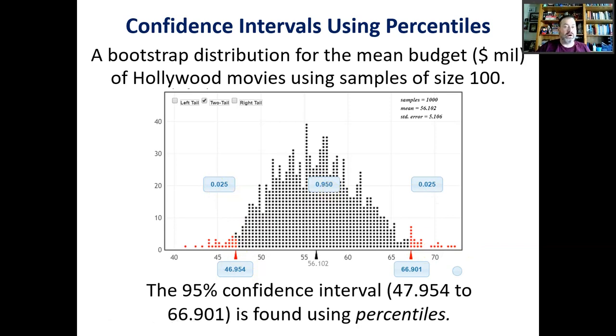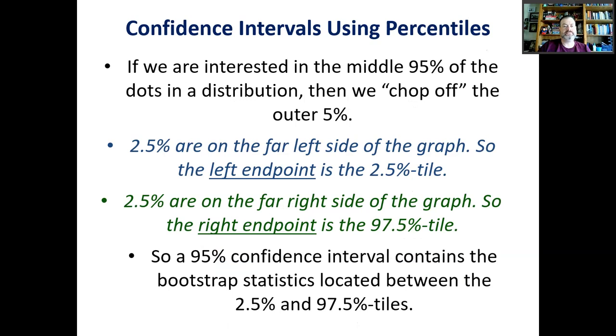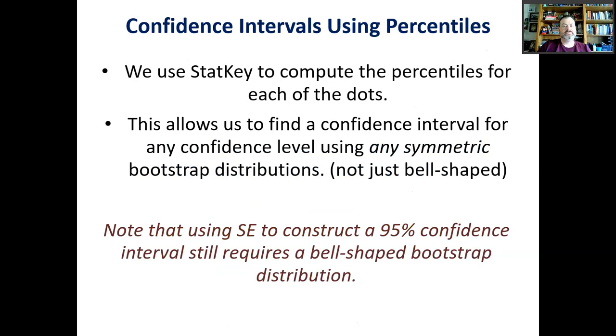If you have to count dots by hand, I'll show you how to do this in this presentation, but normally we use StatKey to do everything. And so StatKey easily computes the percentiles for each of the dots, and this allows us to find a confidence interval for any confidence level, not just 95%, using any symmetric bootstrap distributions, not just bell-shaped.